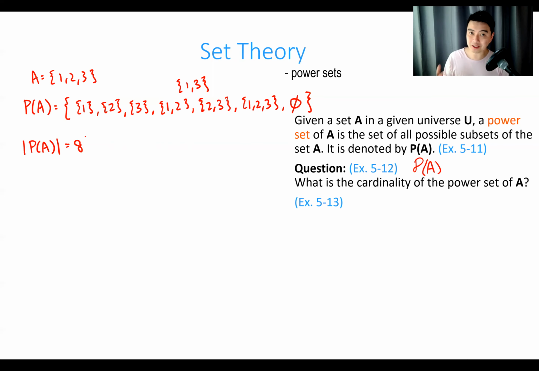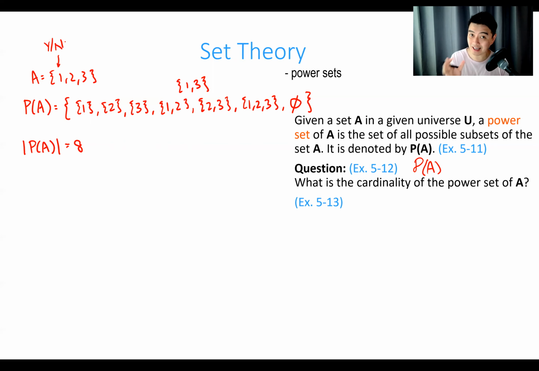Now, where does the 8 come from? Well, it's actually a counting problem. We want to know whether or not each of these objects belongs in a subset. I'm looking at the numbers 1, 2, and 3, and I'm basically answering the question, do I include it or do I not include it in the subset?